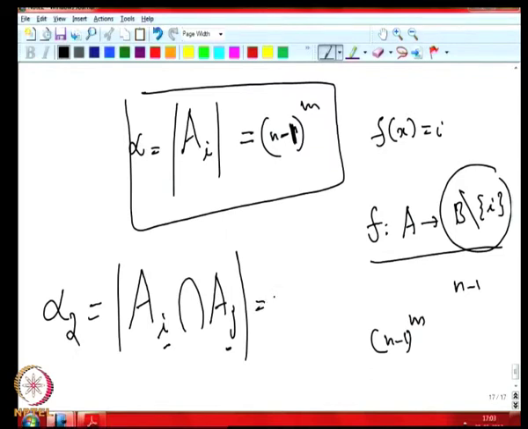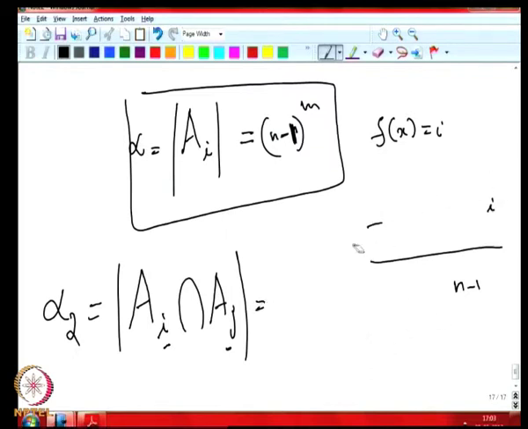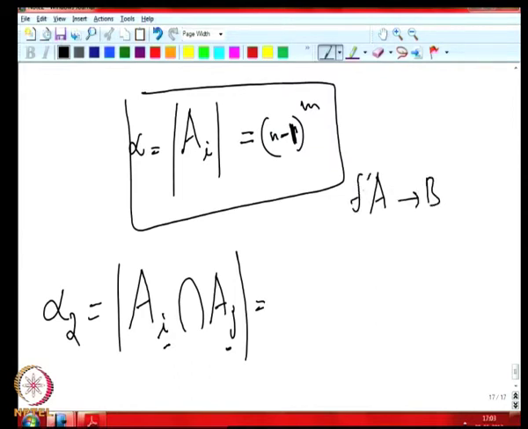Because here we are interested in the number of functions from A to B such that neither i nor j has a preimage. That means there is no member x in A such that f(x) equals i, and similarly no member x in A such that f(x) equals j.